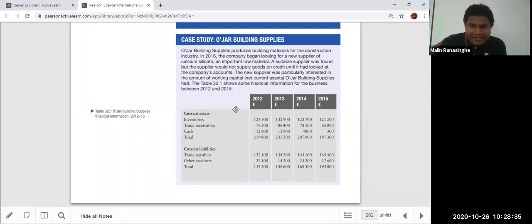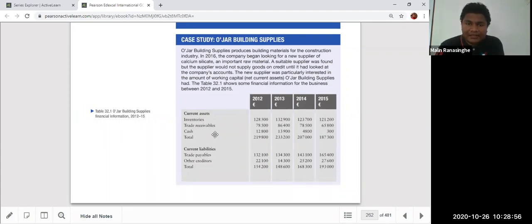So in this case, the supplier is provided the information about the building supply business, showing some of the financial information between 2012 and 2015: 12, 13, 14, 15. You can see four years of financial figures, especially working capital, current assets and current liabilities.